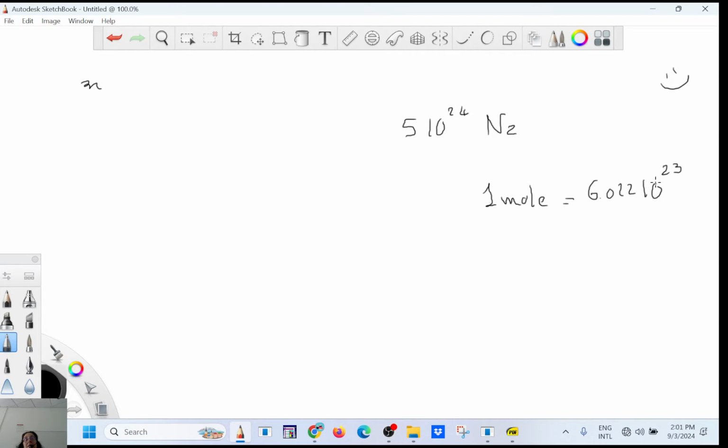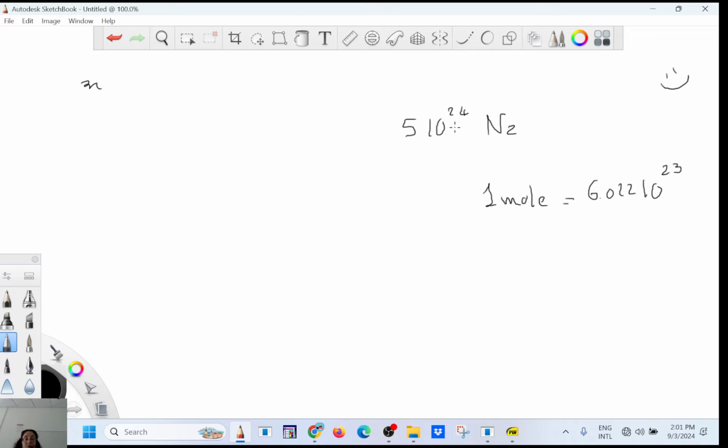Cookies, you can have 1 mole of cookies if you want, that will be a lot of cookies. And you want to know how many moles are in there, so you have to divide. Do you all agree with that? To see how many moles go into this number.